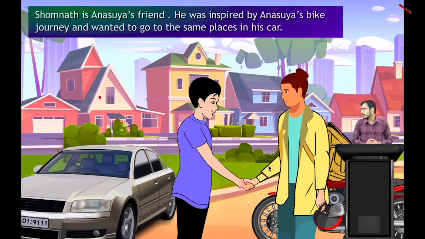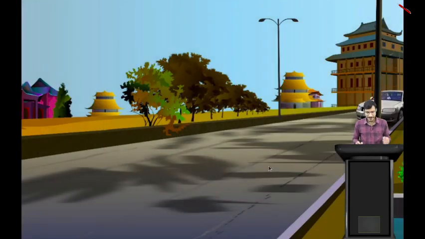Now here we have one more situation. Somnath is Anusuya's friend. He was inspired by Anusuya's bike journey and wanted to go to the same places in his car. So Somnath traveled by car.